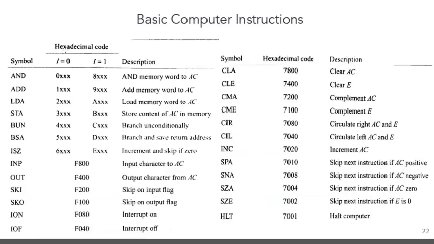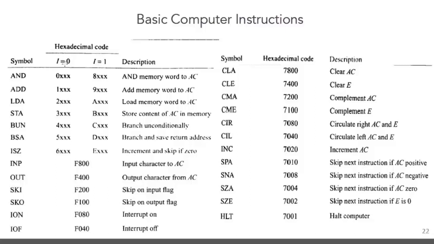First, what is the hexadecimal code? Here you can see AND, ADD, LDA, STA, BUN, BSA and ISZ. From AND to ISZ, these are the memory reference instructions. Here the leftmost bit of the memory reference instruction can be either 0 or 1, that's why 0 and 1 are written.